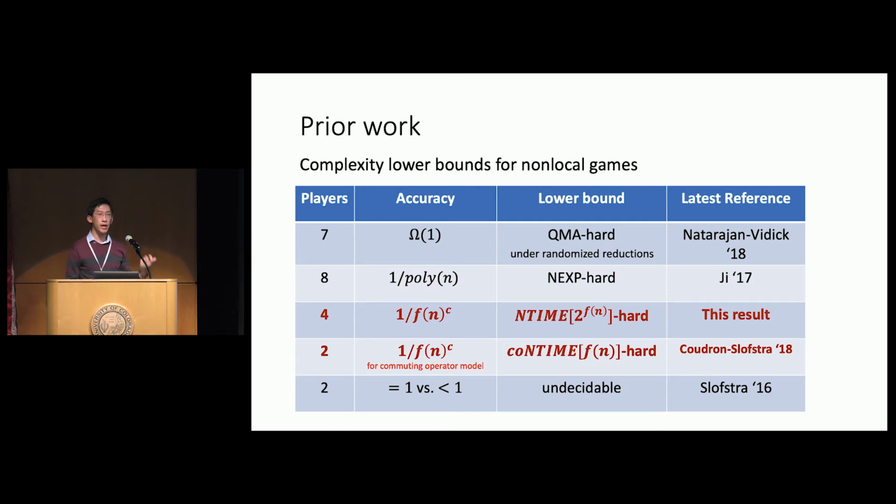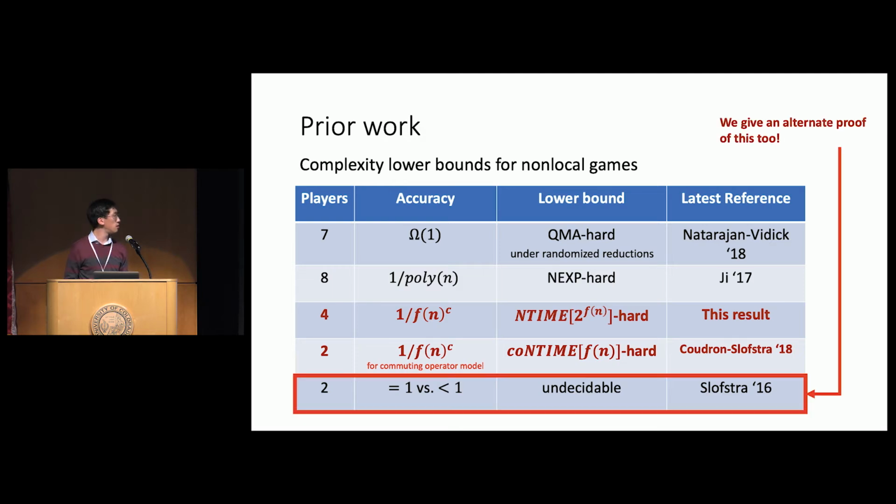So as you want to get better and better approximations to the entangled value, the problem just gets harder and harder, or at least we can show that it strictly requires more and more time. And also as a corollary of our techniques, we give a different proof of Slofstra's undecidability result.